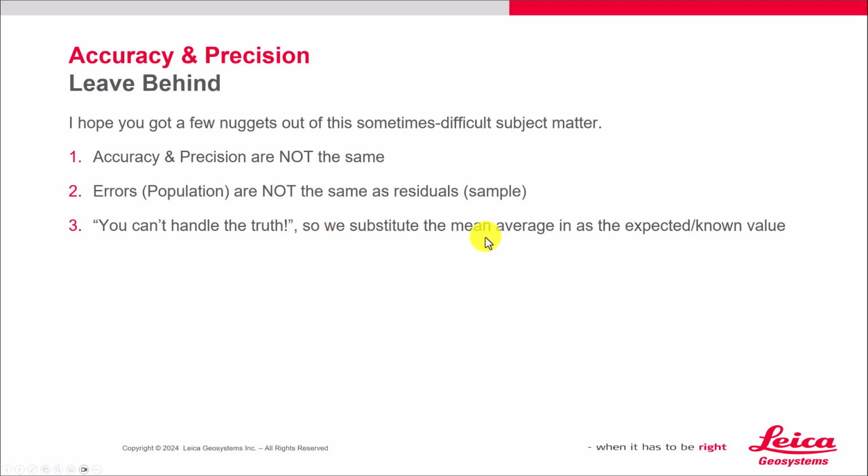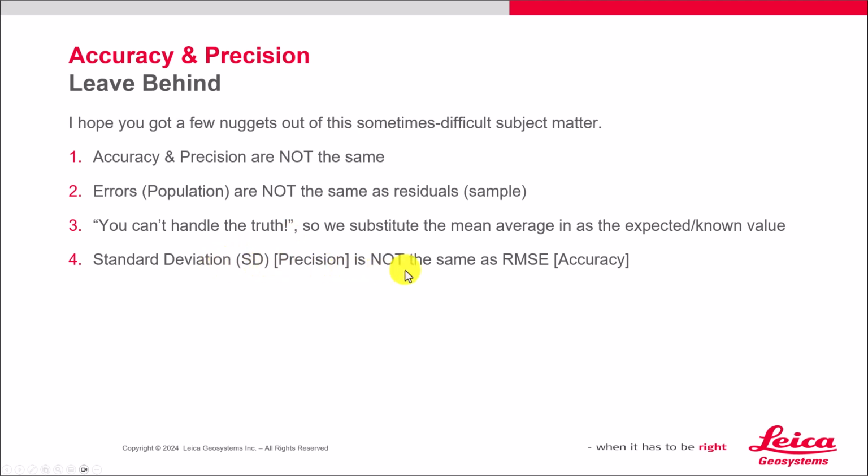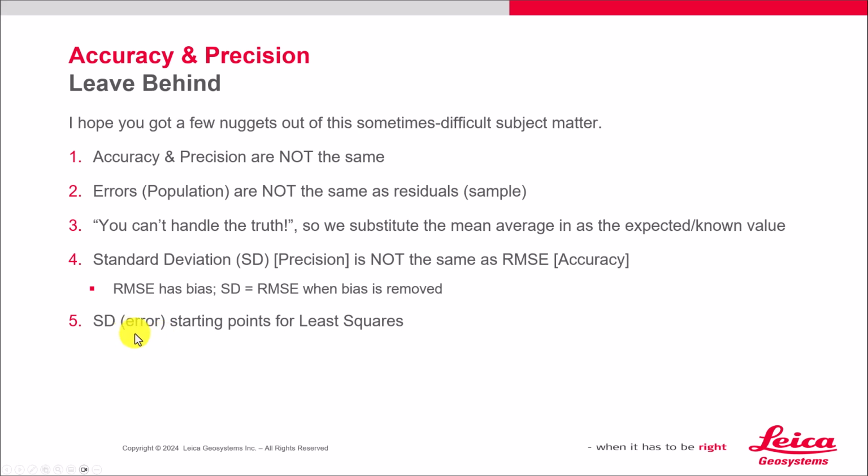So we substitute the mean average in as the expected or known value. That's sort of our little trick. And we don't know the truth. And a standard deviation, which is precision, is not the same as the RMSE, which is accuracy. Because RMSE has bias in it, and a standard deviation equals the RMSE when bias is removed or there's no bias.